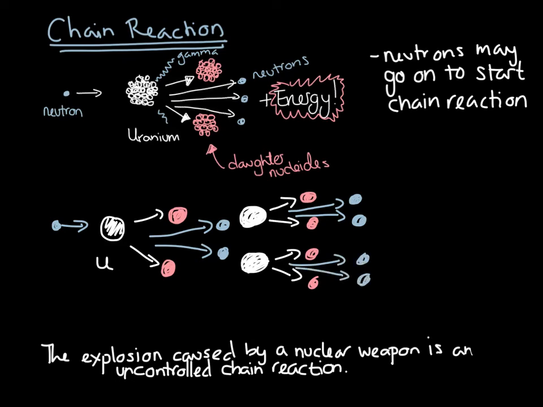So you can see after 2 rounds of fission, from putting 1 neutron in here, we get 4 neutrons out. And this is why we get so much energy released if we don't control the situation.